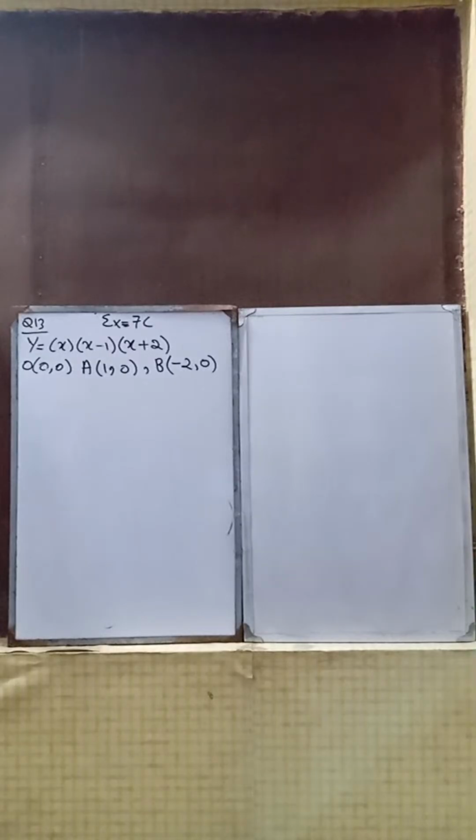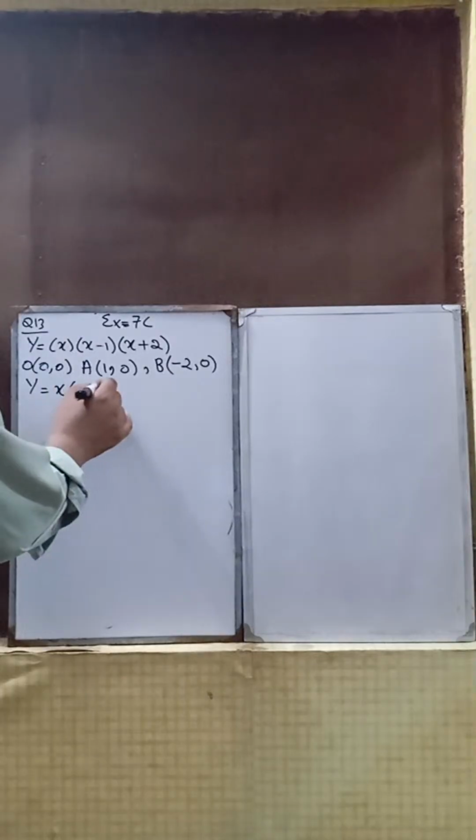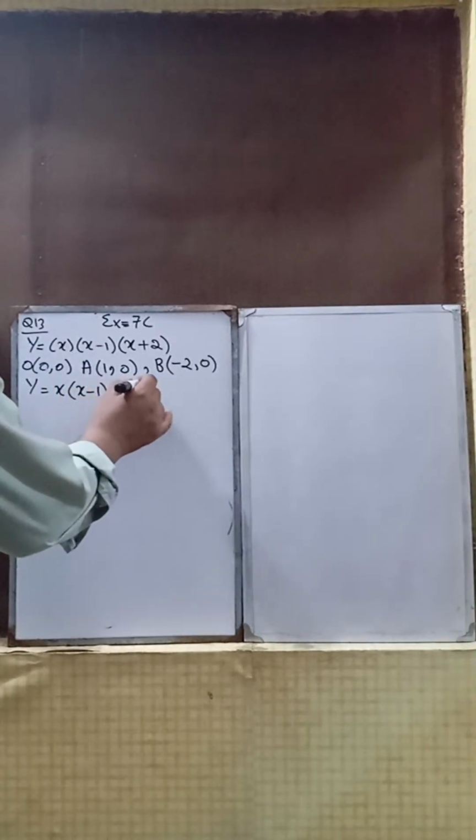So we have a normal at point A, a normal at point B, and they meet at the point C. So we have to find the coordinates of the point C. First of all, we will differentiate this equation, x into x minus 1 into x plus 2.